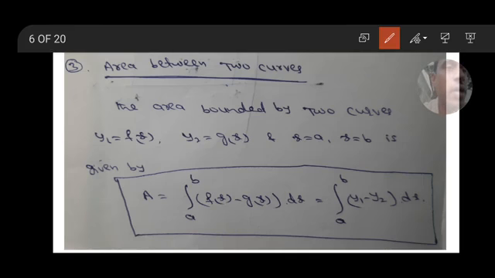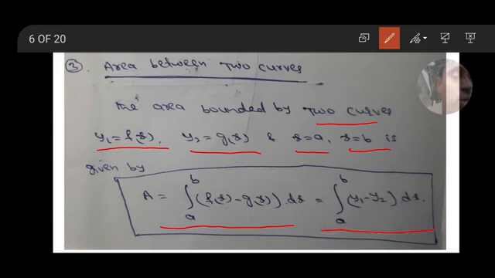The area between the two curves y1 equal to f of x, y2 equal to g of x, x equal to a, x equal to b is given by integration a to b f of x minus g of x dx, that equals integration a to b y1 minus y2 dx. F of x means y1, g of x means y2.